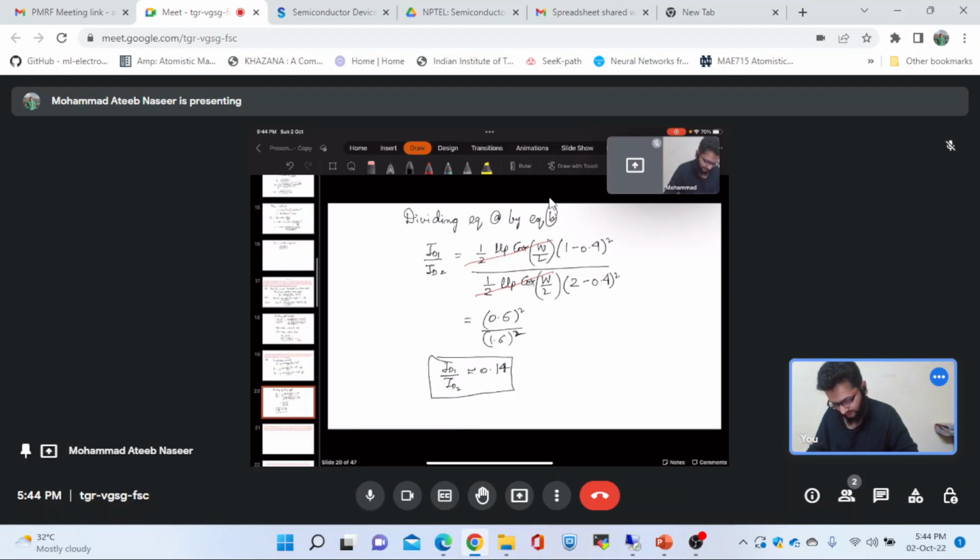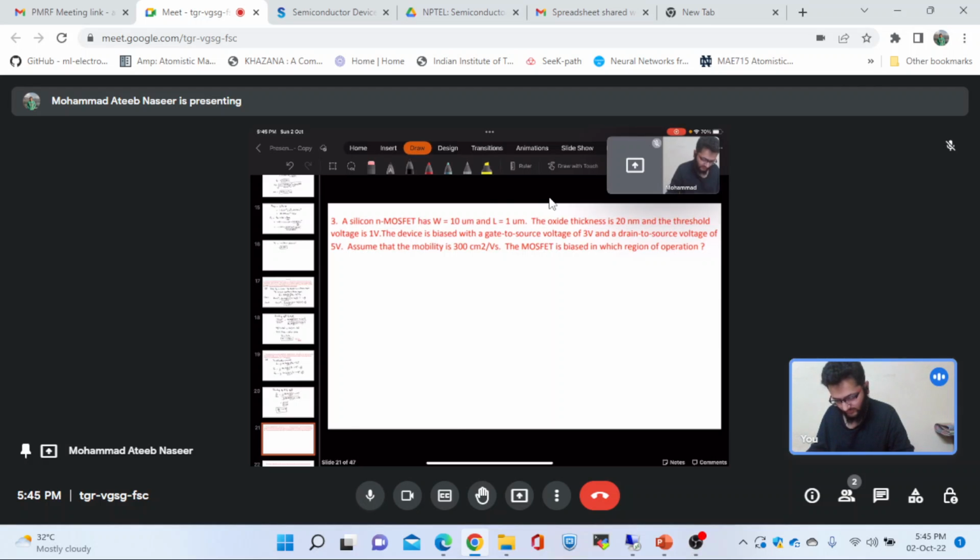Now let's move towards another problem. It says that we have a silicon N-type MOSFET, and for it the width and the length have been given. Width is equal to 10 micrometer and length is equal to 1 micrometer.